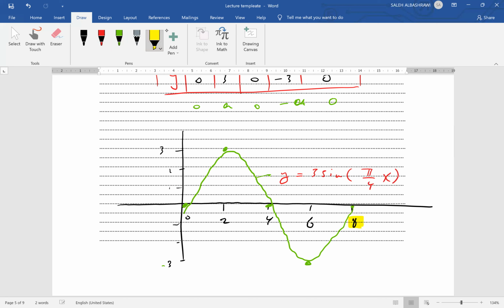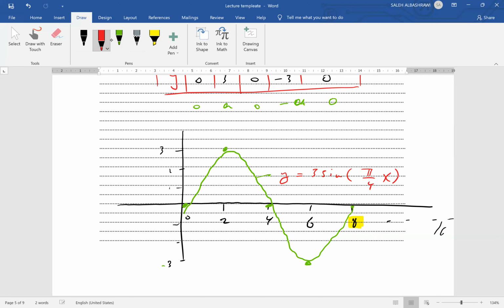Okay, this is the interval. It is 8. So this is the graph for one full period. We have to keep this in mind. It is 1 full period. If it is 2 full periods, then I have to go up to 16.